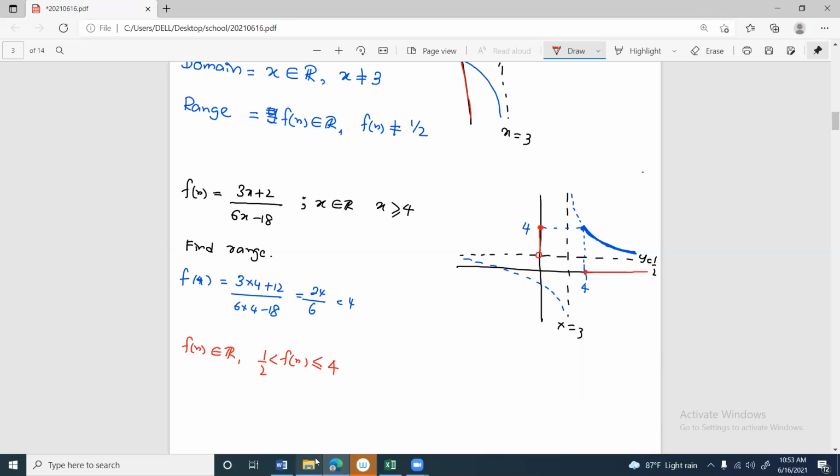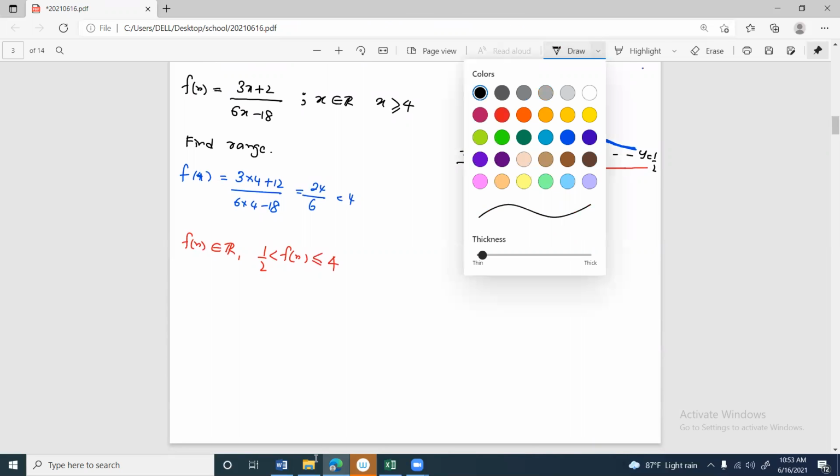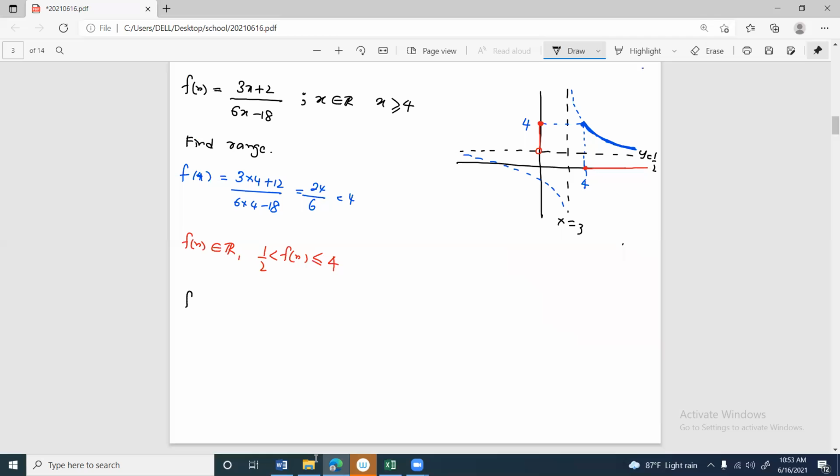Okay. I'll give another shape of this, if the question is in this format. They might give you fx equals (3x plus 2) over (6x minus 18), and they have given x is any real number and x is less than 3. X is less than 3. That's a fact they have given.